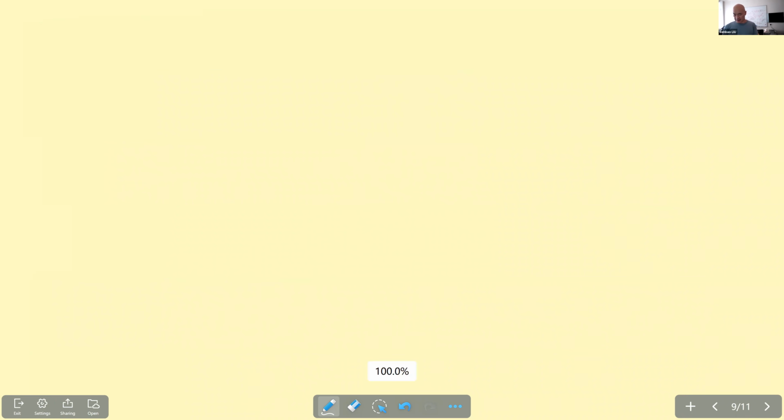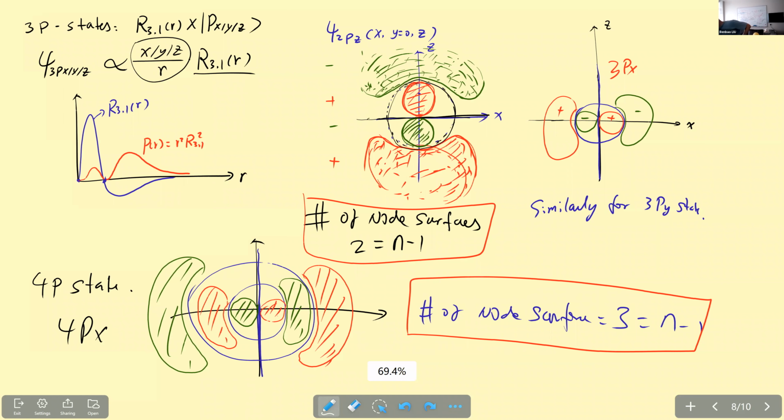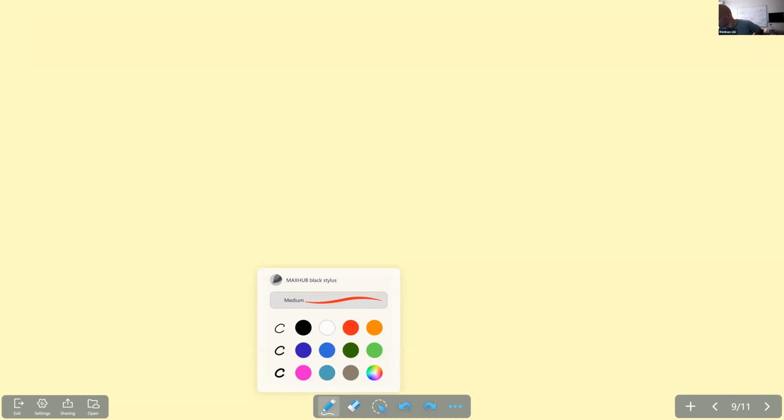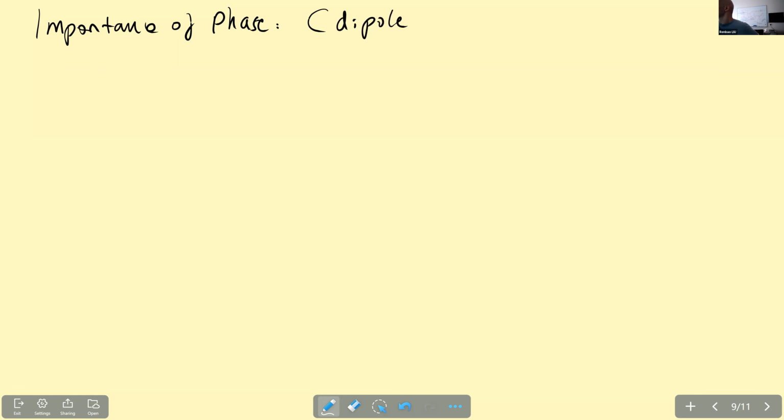Okay. So now let's show the example of the importance of phase. We consider the example of a dipole transition.